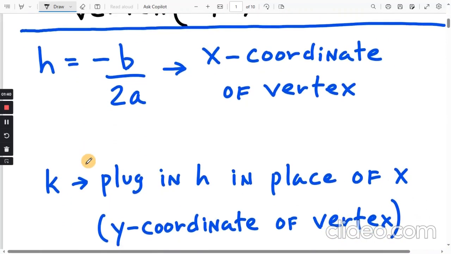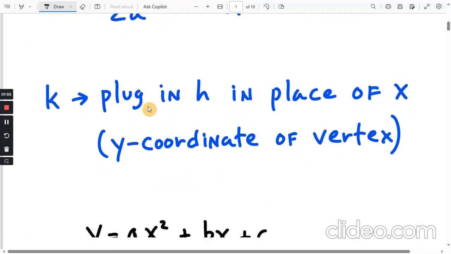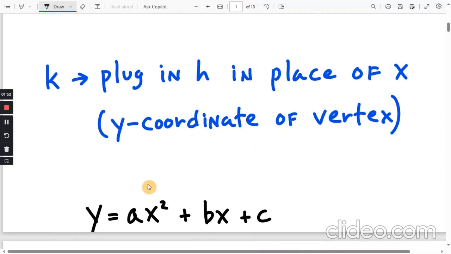And now for k, which is the y-coordinate of the vertex, you just plug in h in place of x. So in other words, whatever you get for h, you go to the equation, and wherever you see the x, you sub in the value that you got for h, and then you will get the value for k, which is the y-coordinate of the vertex.